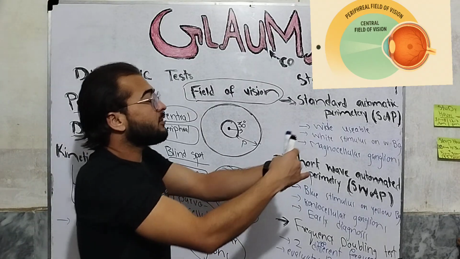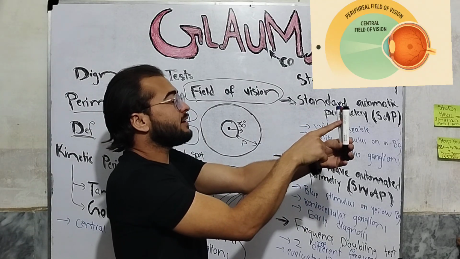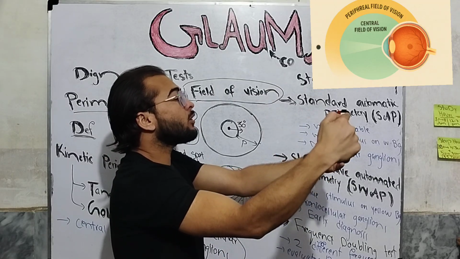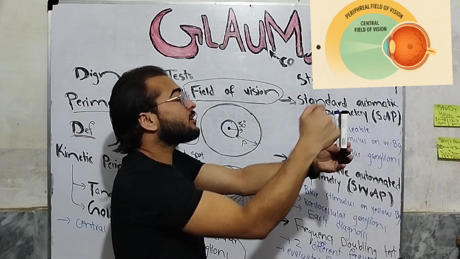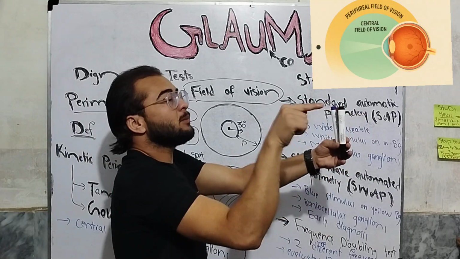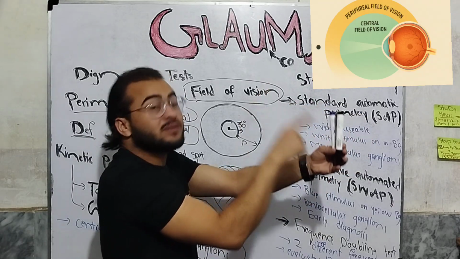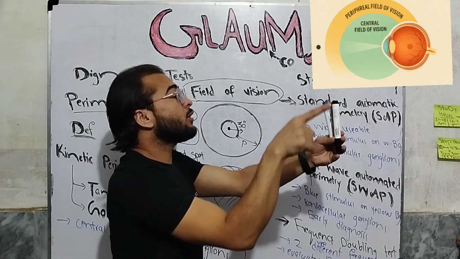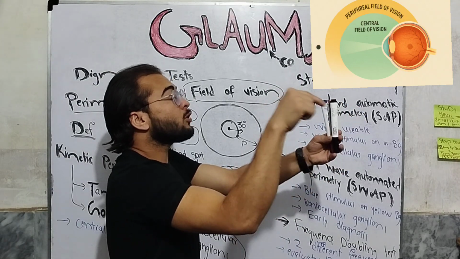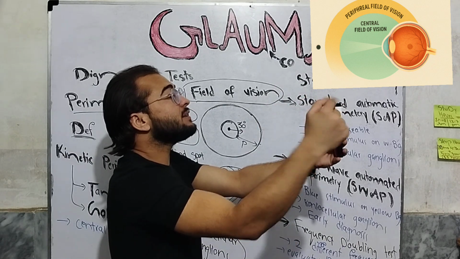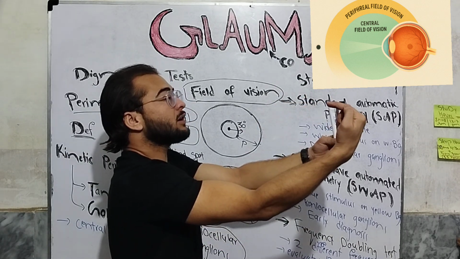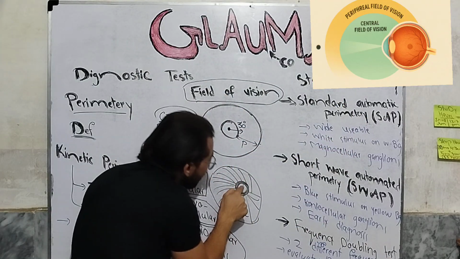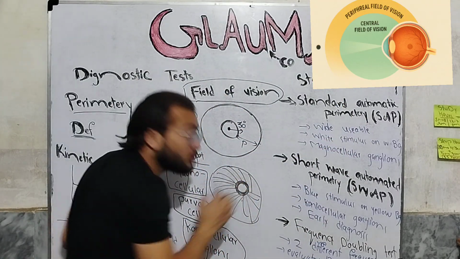When we fix on a central fixating point and go 12 to 15 degrees temporally, this temporal area is the normal blind spot. The rays from this blind spot will focus exactly on the optic disc.